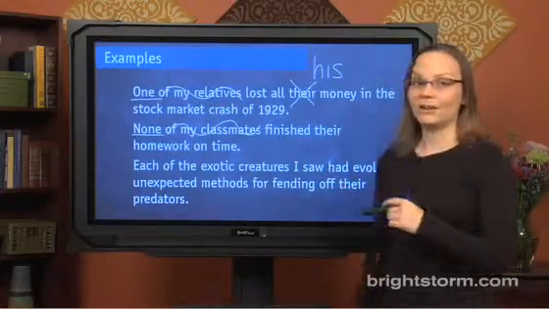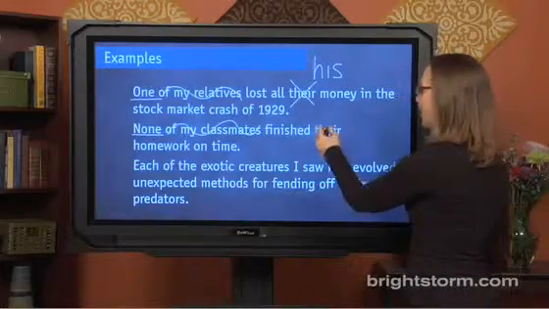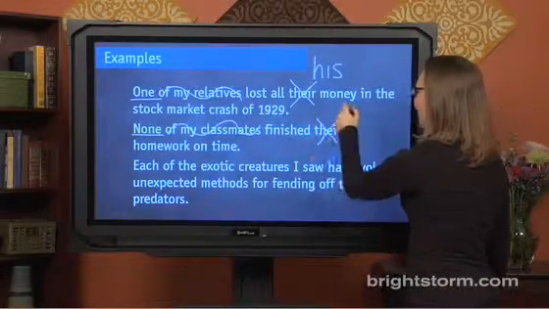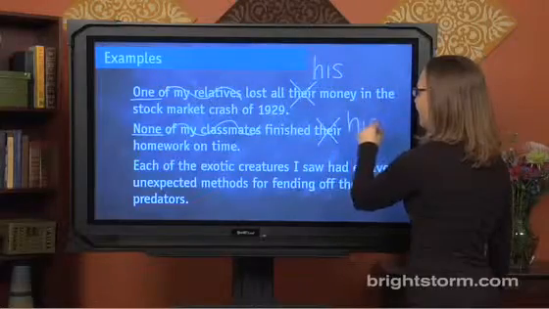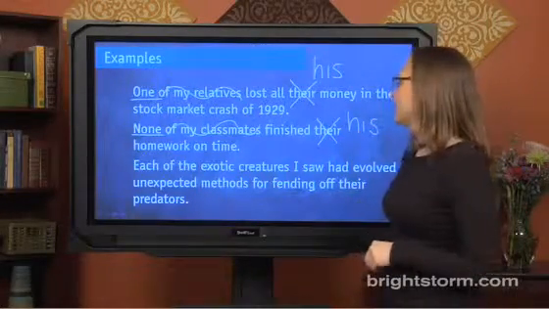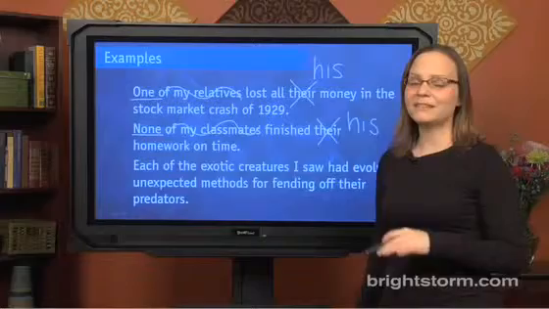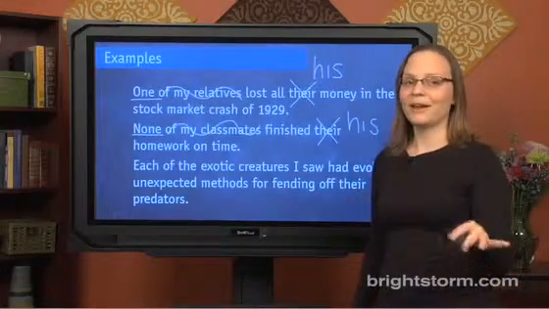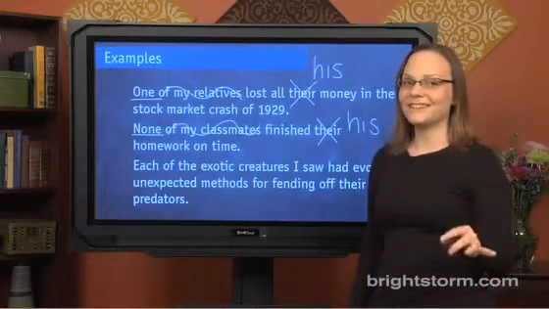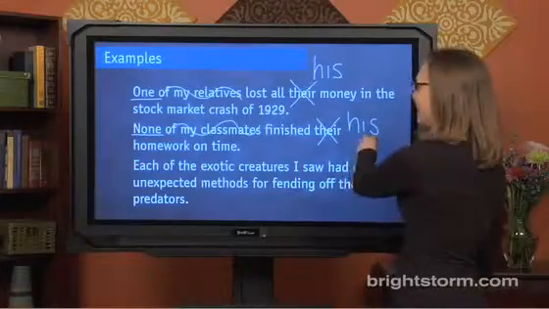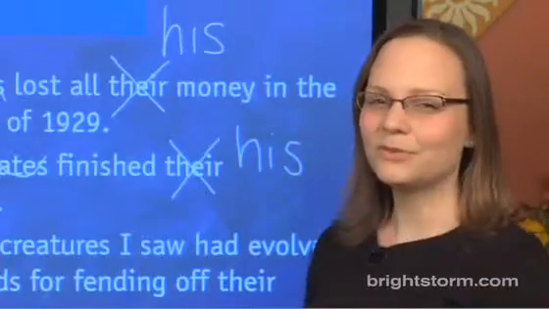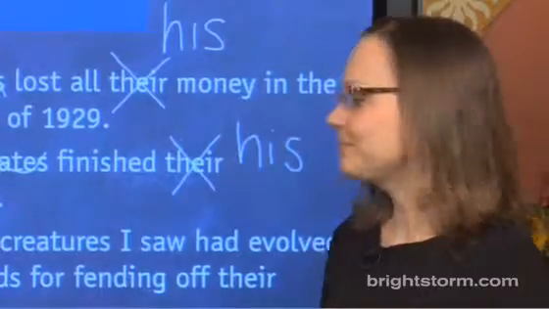None is a singular word, and their is a plural pronoun. So believe it or not, we have to write a singular pronoun like his. None of my classmates finished his homework on time may sound completely bizarre, but I swear to you it's right. And on the SAT, that's what you're going to need to consider a right answer, not that. So strange as that may sound, it's right.